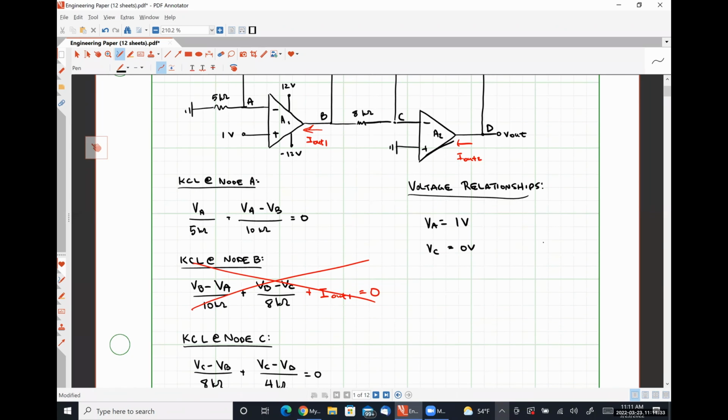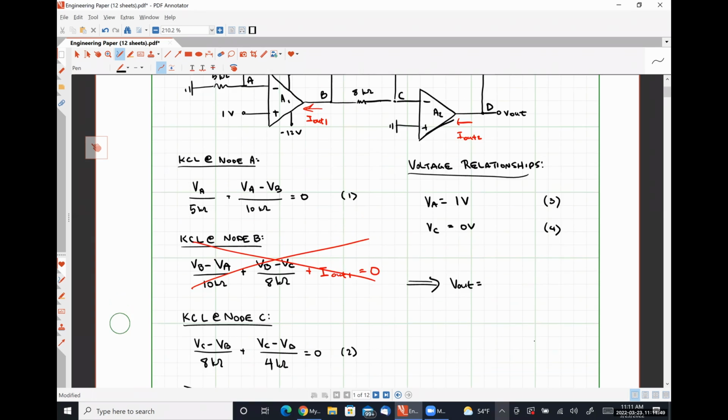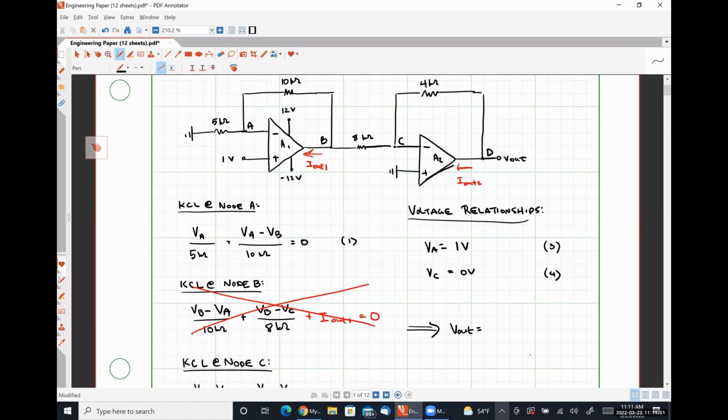If we solve this system, so this is equation 1, equation 2, equation 3, and equation 4, we will find that V out is, I believe, -1 volt.